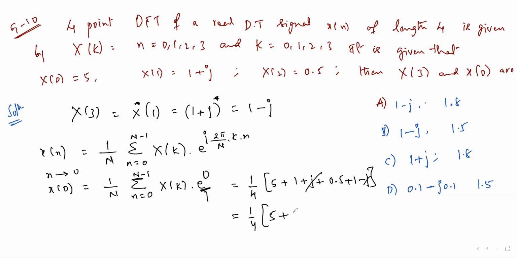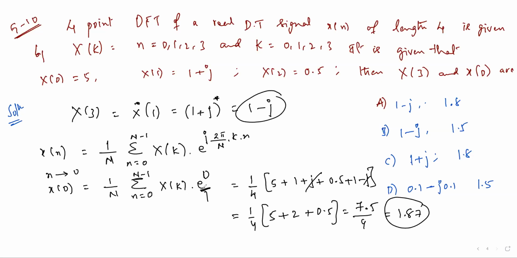This is 2 plus 0.5, so 7.5 by 4, which is about 1.8. So x of 0 is 1.8 and X of 3 is 1 minus j. 1 minus j, 1.8 is the right option. So the right option is option A.